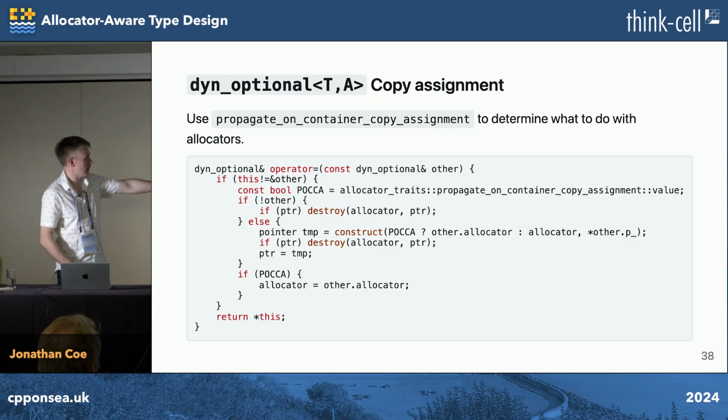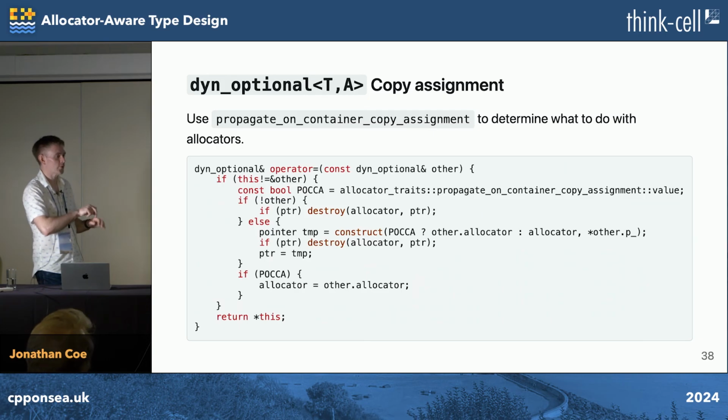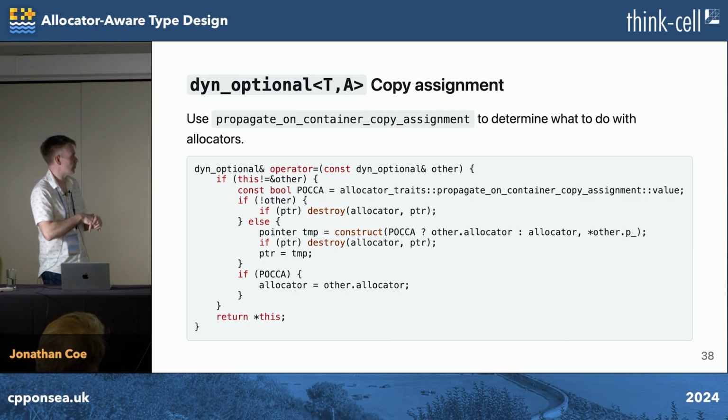If there is something to copy, then we'll create a copy using the allocator that we will own. So either the existing allocator, if allocators are not propagated, or a copy of the other allocator if allocators are propagated. We'll create a temp, and then we will destroy the object we own with the existing allocator.